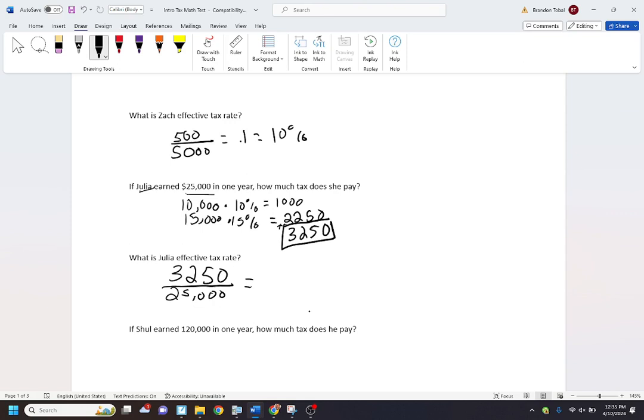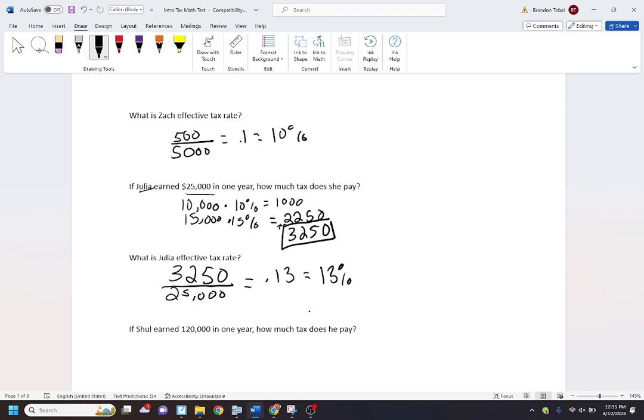So that ends up being 0.13, which is 13%. So even though some of it was in the 10% range and some in the 15%, combined it averages to 13%.